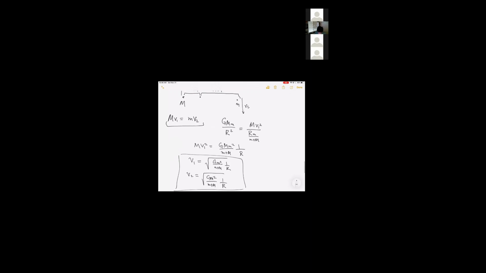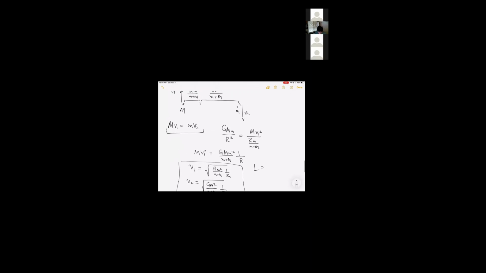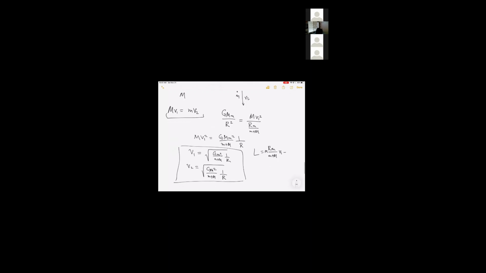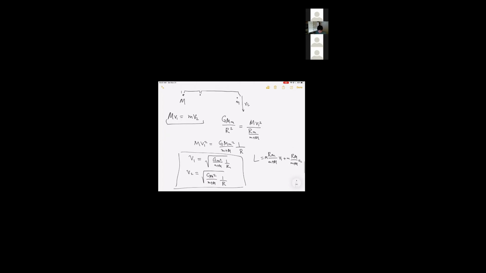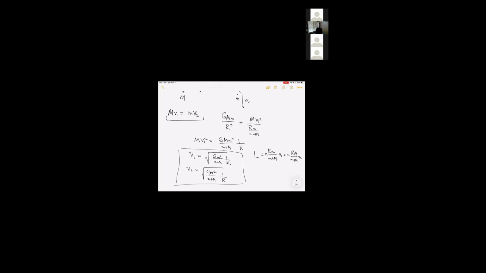And then this implies that the total angular momentum is equal to capital M distance V1 plus little m, and this just becomes R m times V1 plus V2.